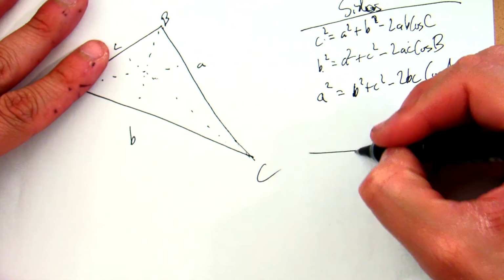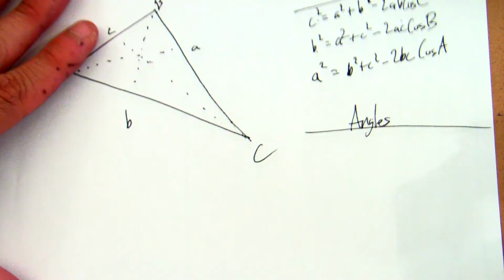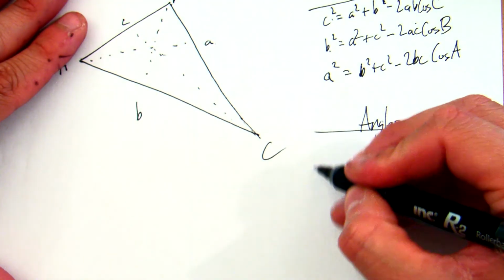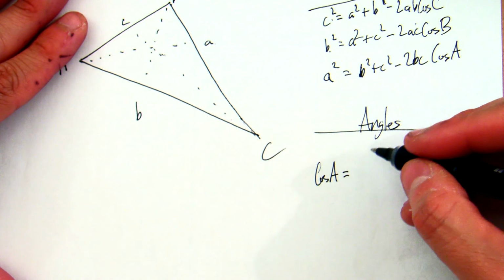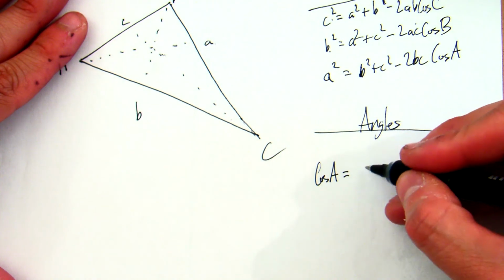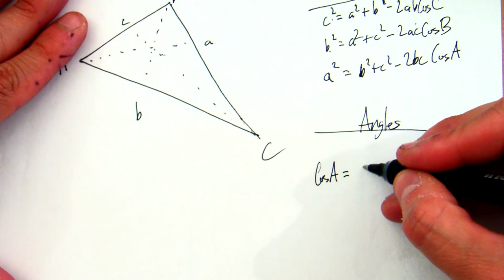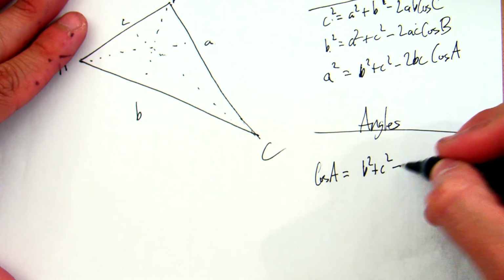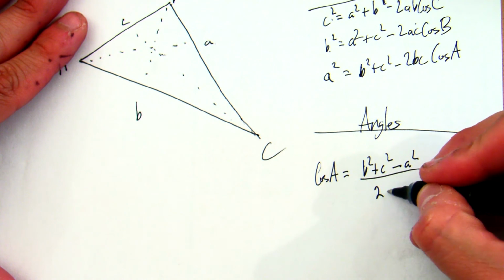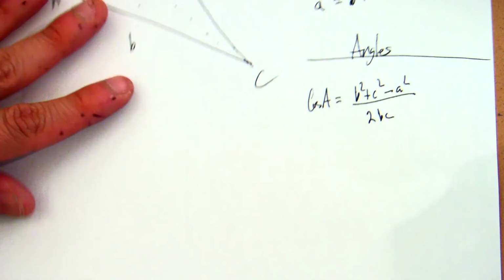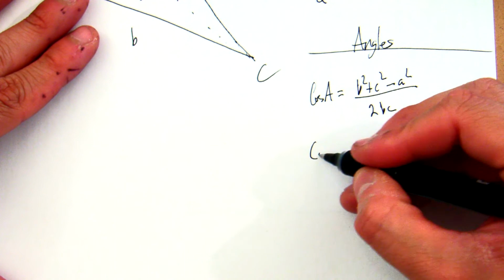Now the alternate version of these is when you have the angle ones, right? So if you remember your book, cosine of A was equal to b squared plus c squared minus a squared over 2bc, okay? And it's the same pattern for the others.